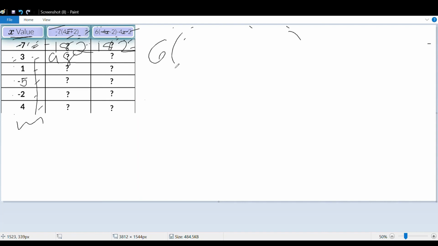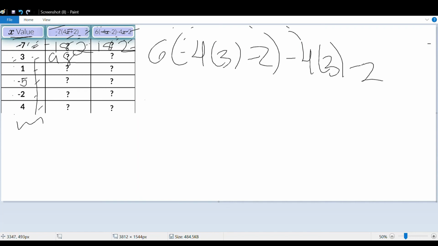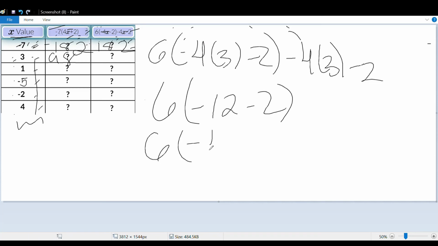So that's 6 times the quantity of 4 times 3 minus 2, minus 4 times 3 minus 2. Okay, so that's 6 times 12 minus 2. Let's just solve this here. That's 6 times 14, which gives us 84, and then minus 4 times 3 minus 2.